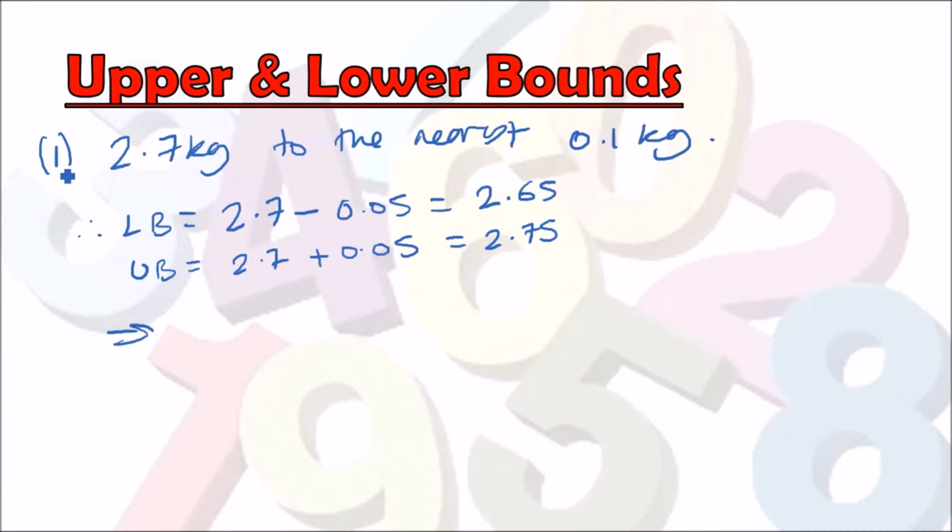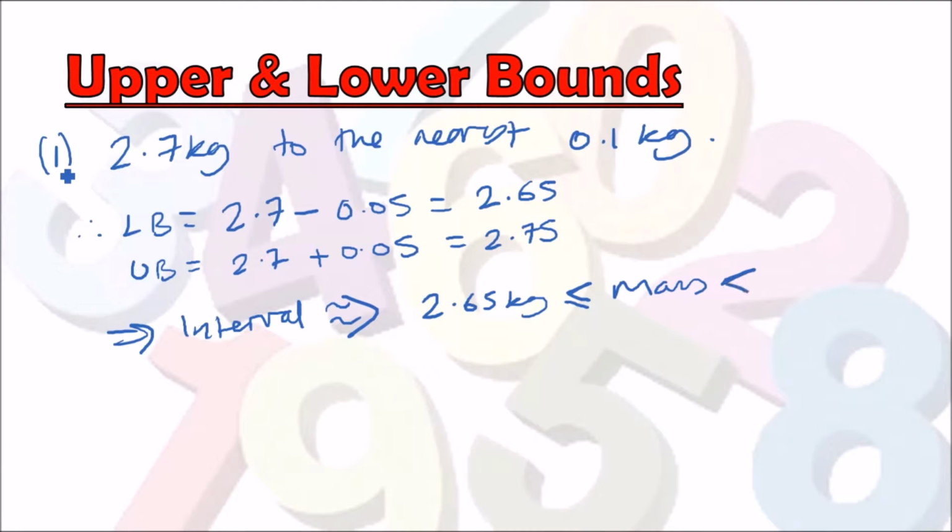Then you say, hence, the interval is: the actual mass of the cake lies somewhere between 2.65 kilograms, which is less than or equal to m, the mass, which is less than 2.75 kilograms.